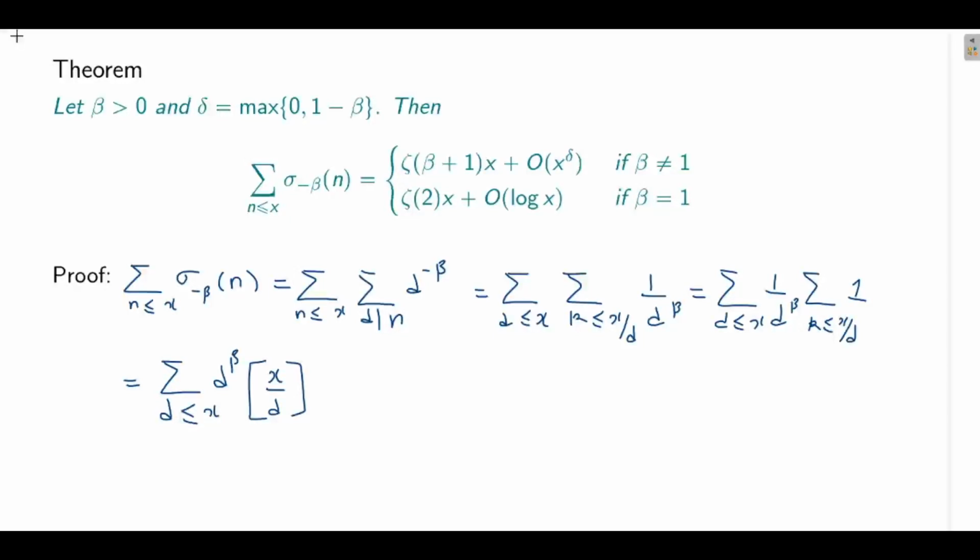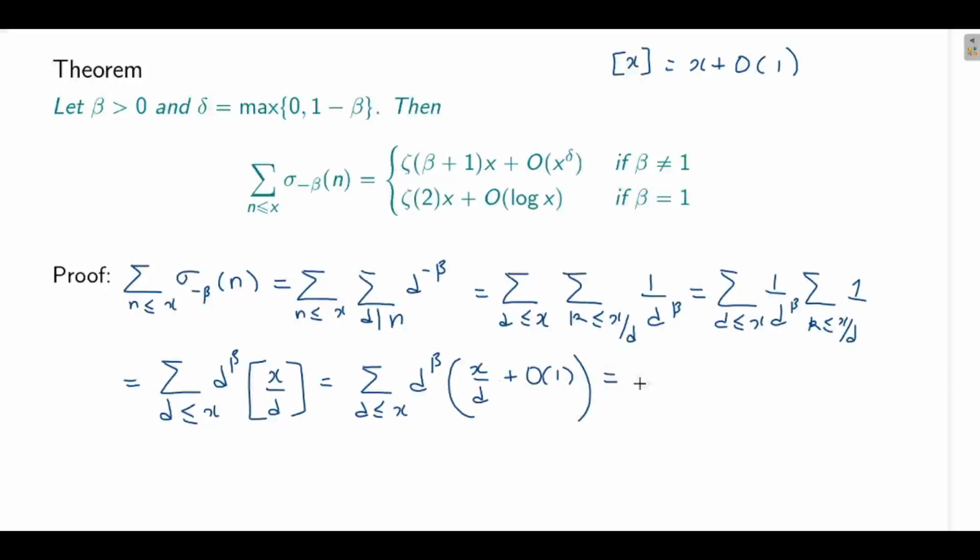Now we know that we have proved this earlier, that the greatest integer of x is x plus big O of 1. So using that fact, what we have here is the summation over d less than or equal to x of d raised to minus beta times x by d plus big O of 1, which will be 1 by d raised to beta, right?